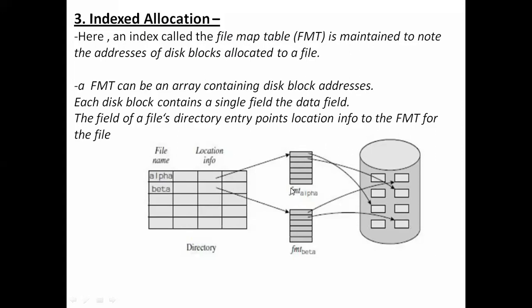Here the file map table of alpha, having so many fields, is pointing to the various disk blocks. FMT can be an array containing the disk block addresses, as you can see here.